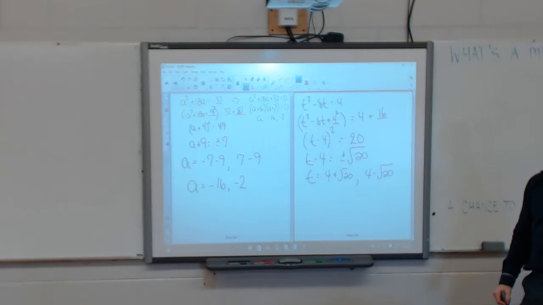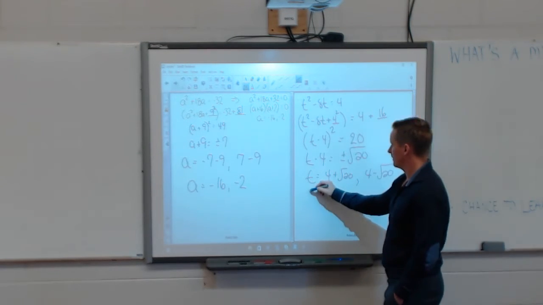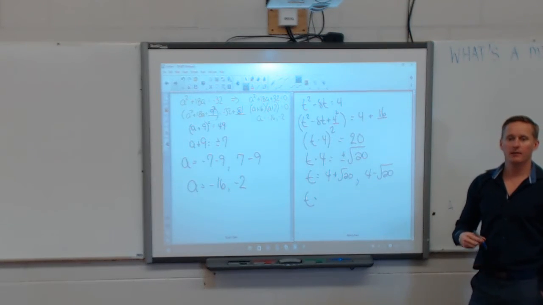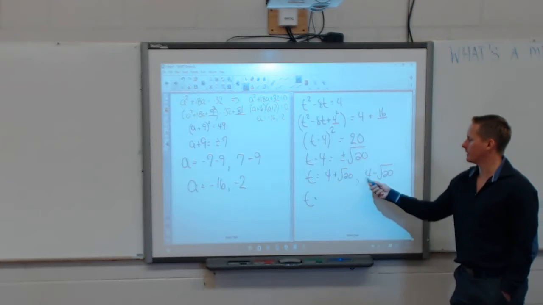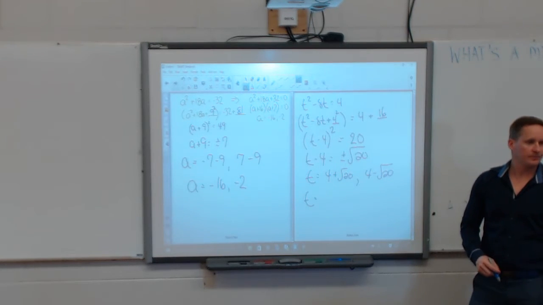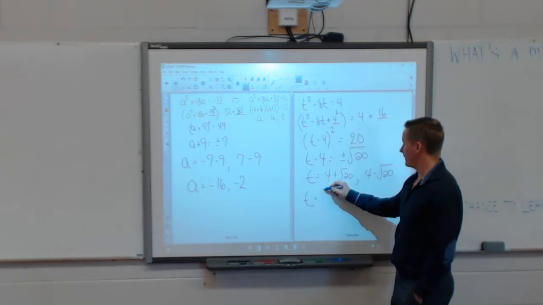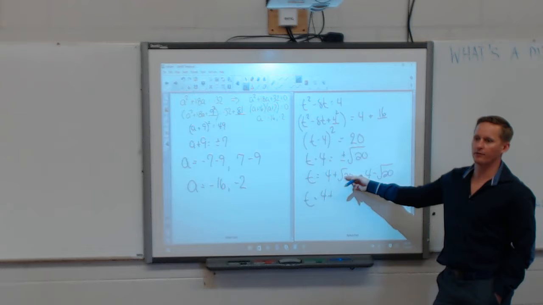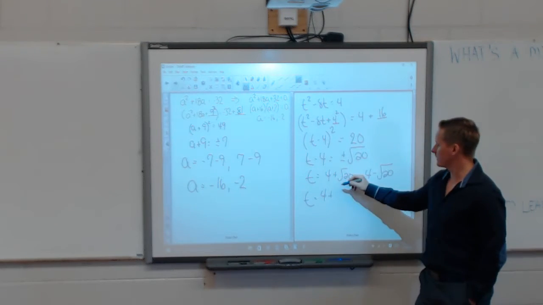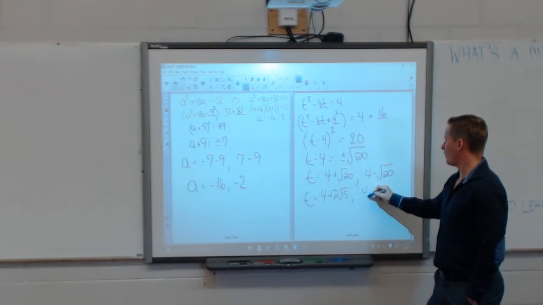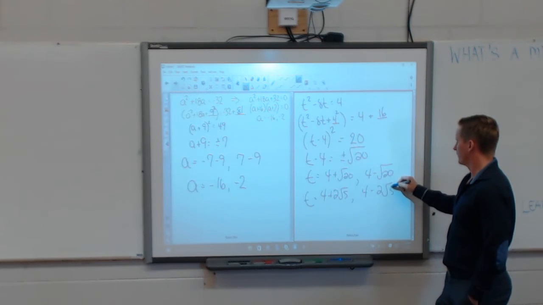Now, if you were in grade 10 right now, I'd say, okay, and even now, you might want to do it if you were to have a fraction. But I would break that down. Okay? So it would be 4 plus square root of 4 times square root of 5 is root 20. So that is 2 root 5. And 4 minus 2 root 5.